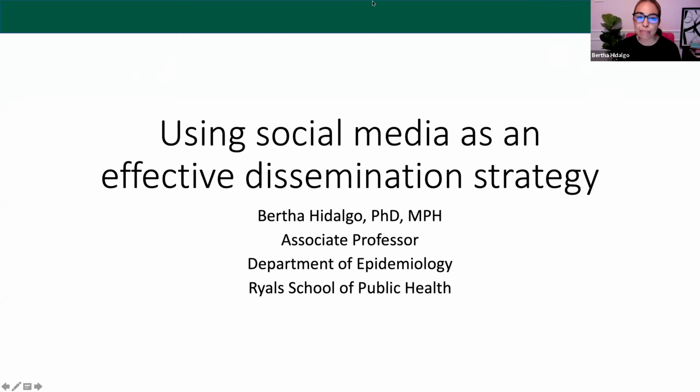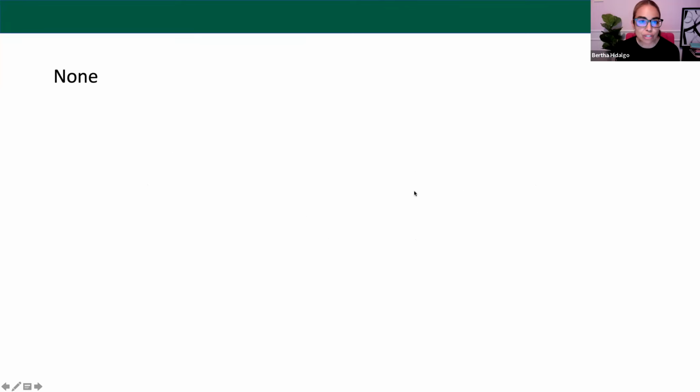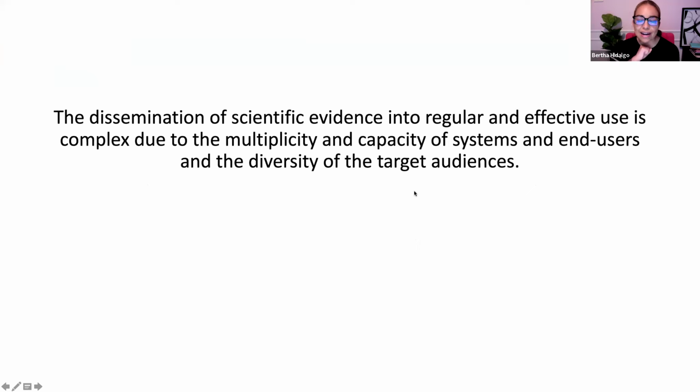And then what I'm really excited to share with you is an example of the way in which one of my funded studies has used social media as a dissemination research project, and even some of the data that we now have as a result of effectively implementing dissemination strategies for 3 aims of the grant. That grant is coming to a close. So I have no disclosures to share with you today.